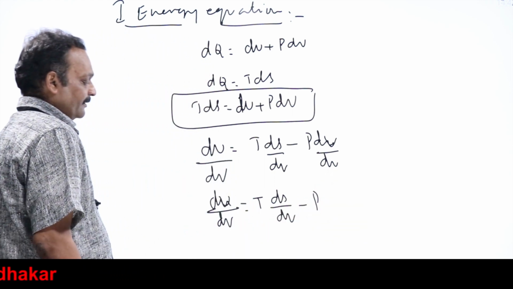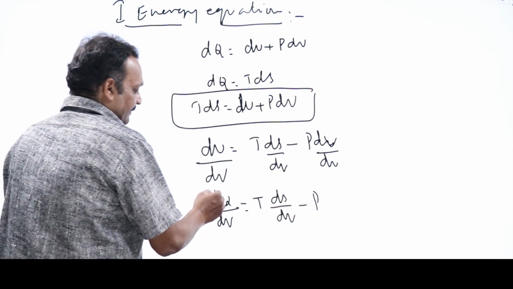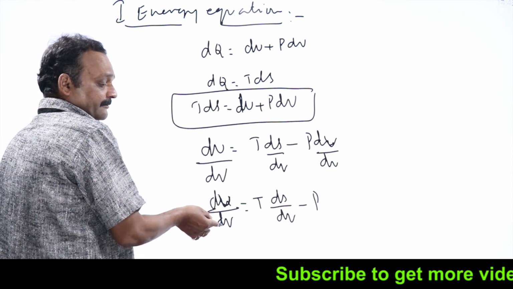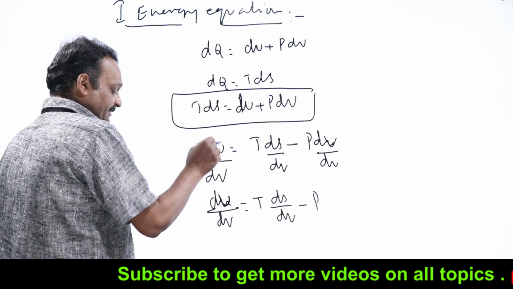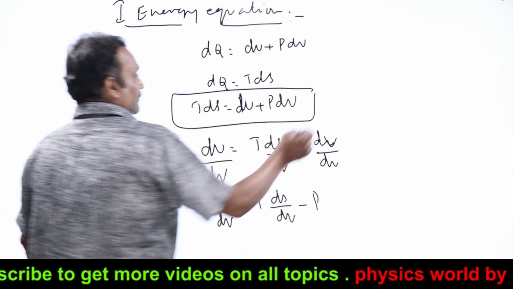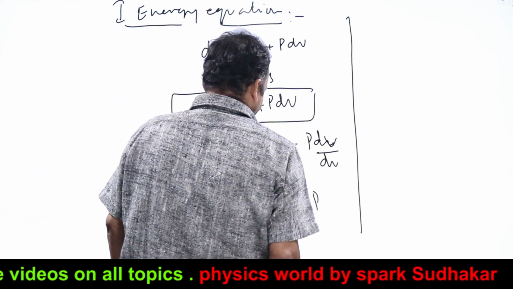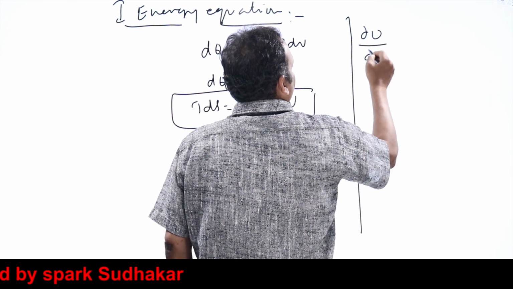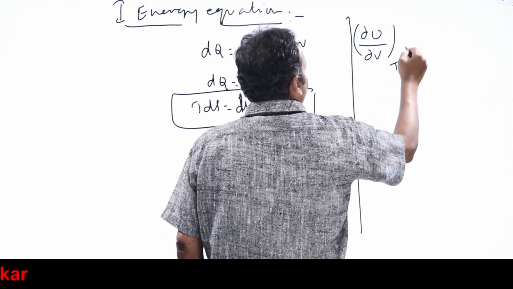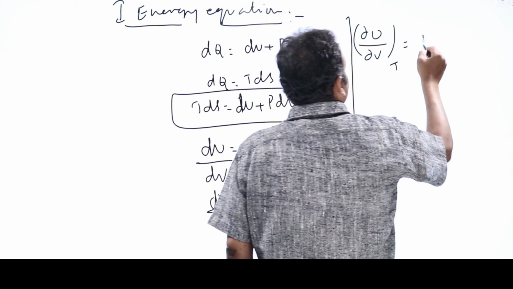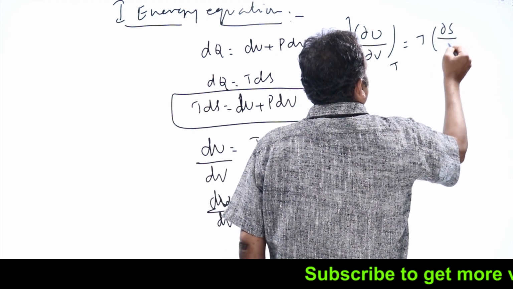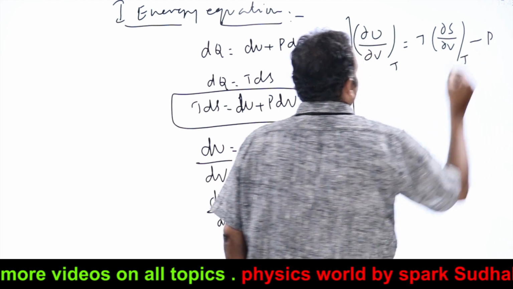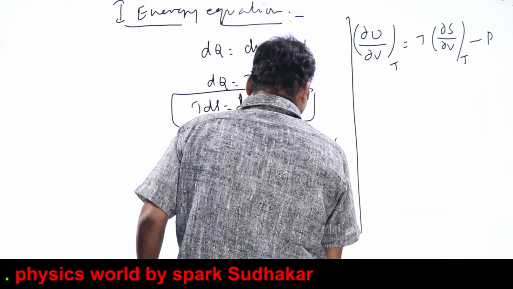Now if I put a restriction that the temperature is constant, these differentials become partial derivatives. So dou u by dou v at constant temperature is equal to T into dou s by dou v at constant temperature minus P. Now use Maxwell's equation.